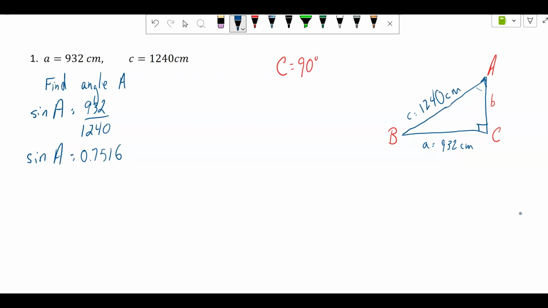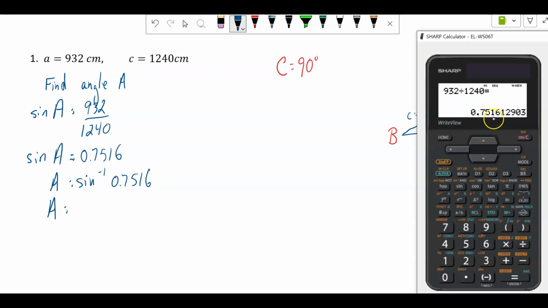This means that if the sine of A is 0.7516, then A is the sine inverse of 0.7516. So let's get that calculator. I'm leaving it there, not clearing it, and I'll do second function sine and the angle. Let's write it as 48.7.